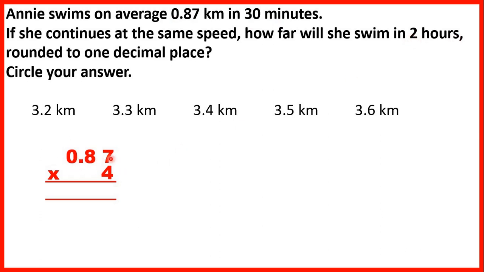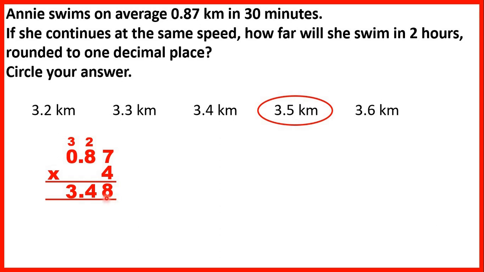So when we're multiplying a decimal, we copy down the decimal point and then use column multiplication, so we get 3.48, and that rounds to 3.5 if we're rounding to one decimal place. That's because if we're rounding to the nearest tenth, so to one decimal place, we look at the digit to the right, and if it's 5 or more, we round up.